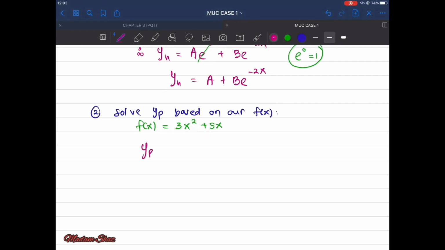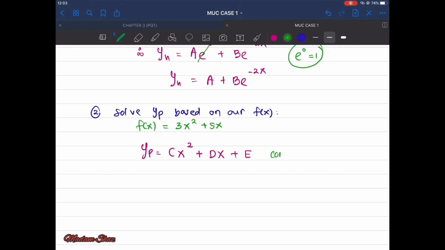Therefore yp will become, we change the constant 3 to another constant, Cx to the power of 2, plus Dx to the power 1 plus E. So we start with the highest power, which is power 2 from the original f(x), and then reduce the power of x to power 1 and then x to the power 0.